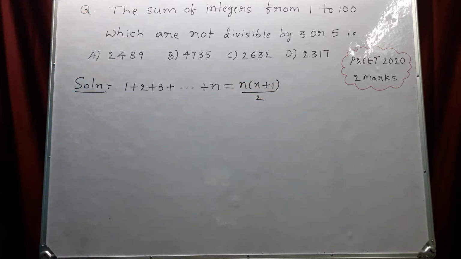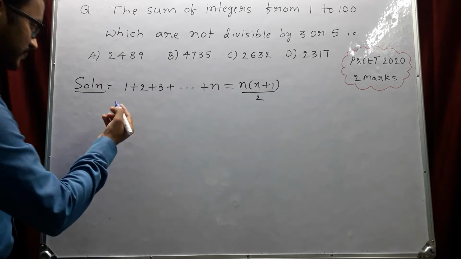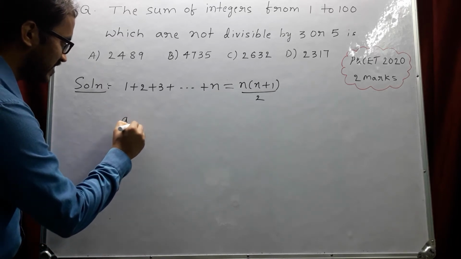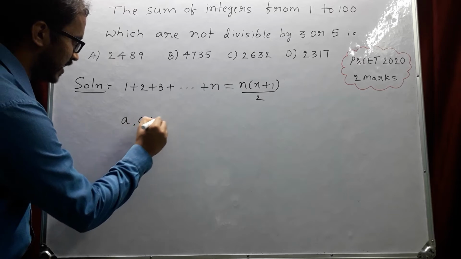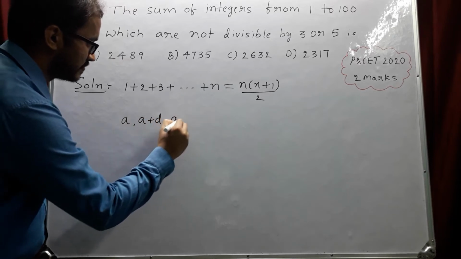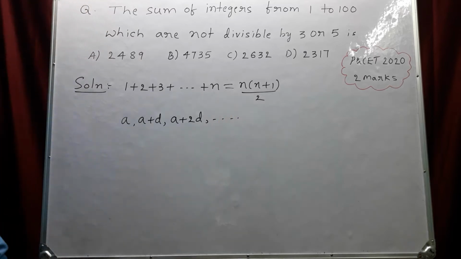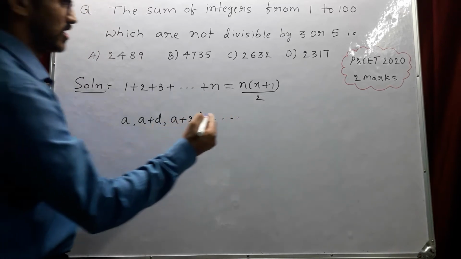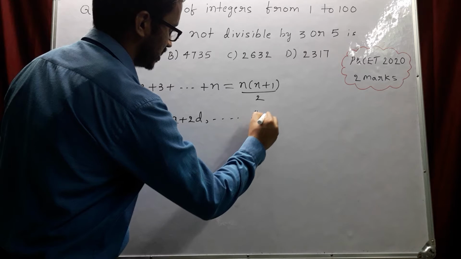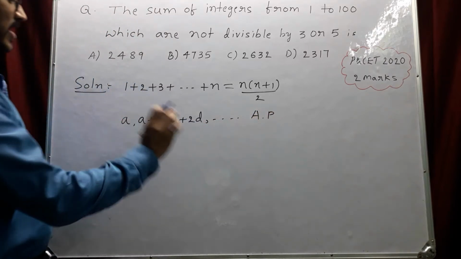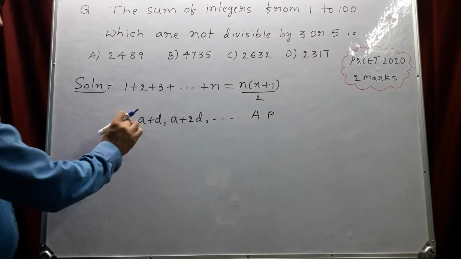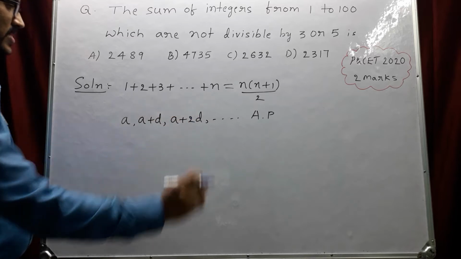So one more thing you should know is the sum of an arithmetic progression. So let us see what is the meaning of arithmetic progression. Consider any sequence of the form a, a plus d, a plus 2d, so on. This type of sequence we are going to call an arithmetic progression. It means if you take any two consecutive terms, the difference will be the same.